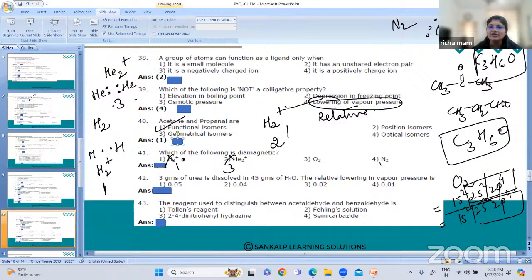Right. So here you can see this is also diamagnetic in nature.